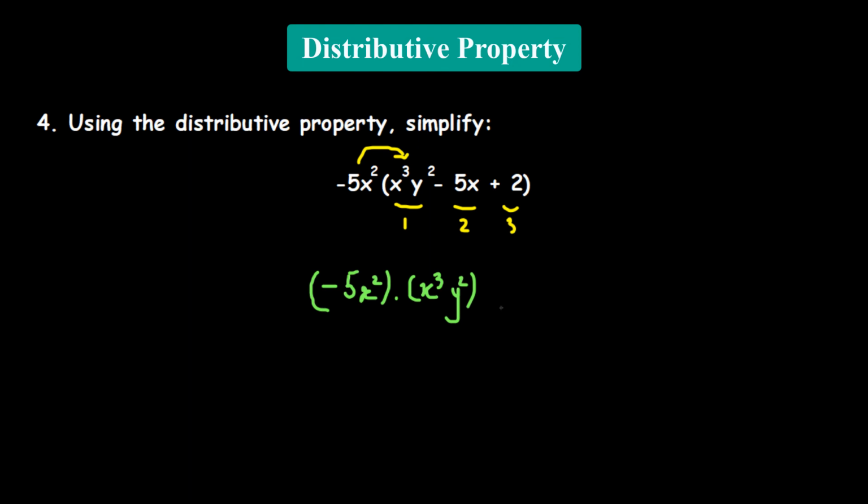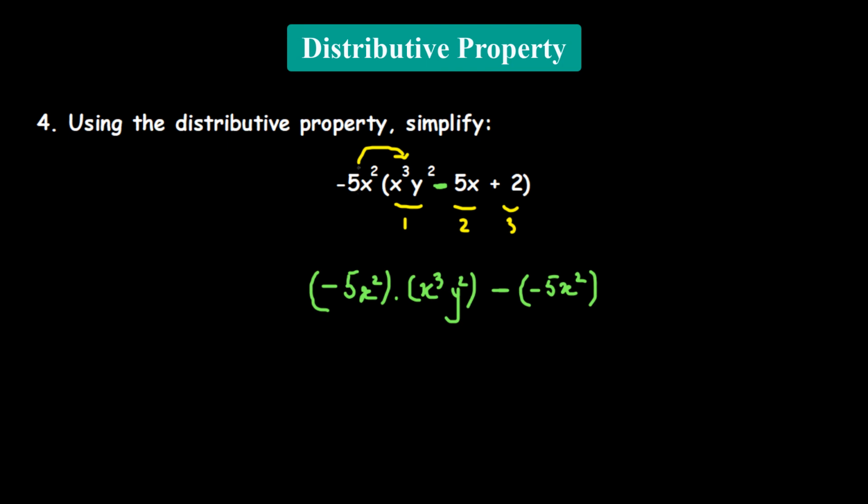Then we have the second term. So the second term involves a negative sign here. This negative sign comes from the fact that we have a negative in the second term. Now we're going to multiply negative 5x squared.